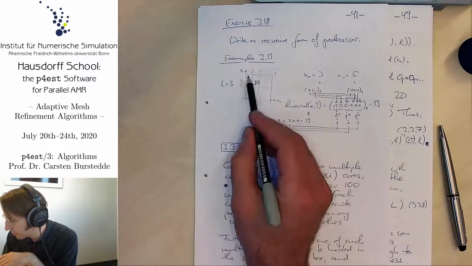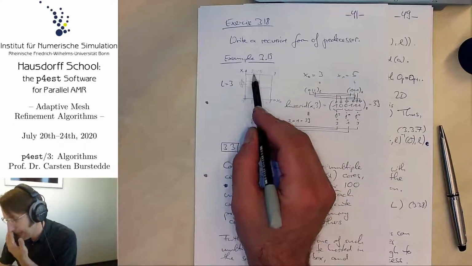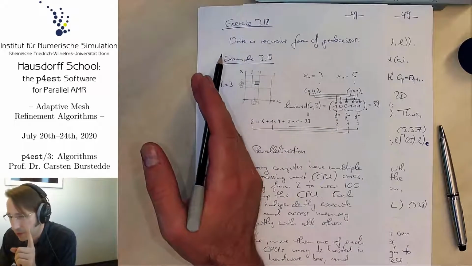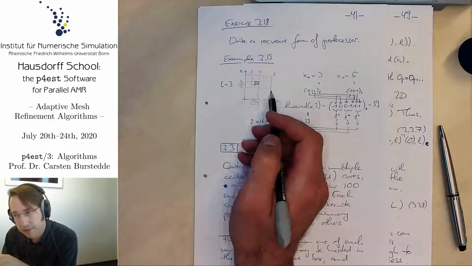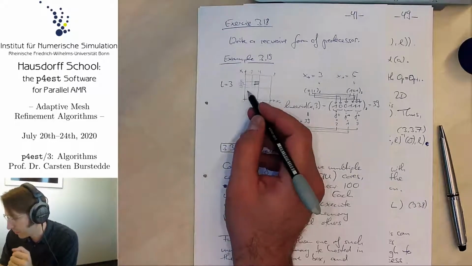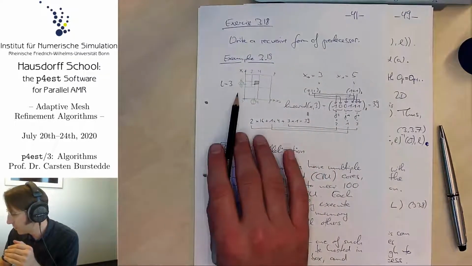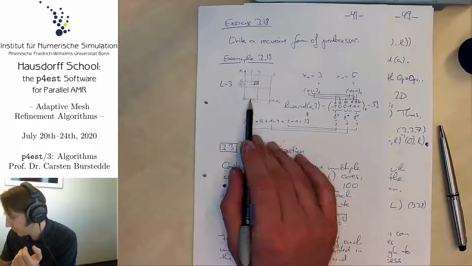And to get to this quadrant, we need to take child ID number 2, which is the top left. And the top left means in x direction we're taking variant 0. Variant 1 would be the right side, variant 0 is the left side. In y, we're taking variant 1 because variant 0 would be down and variant 1 is up. So the child ID is 1, 0 in binary, which is 2.